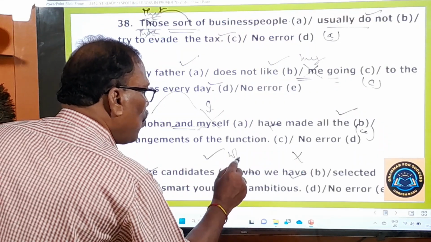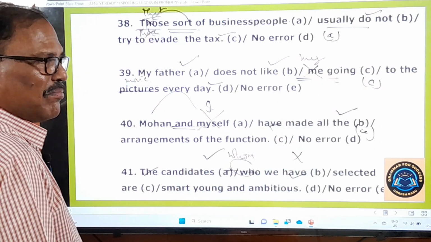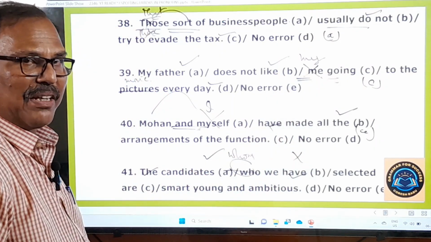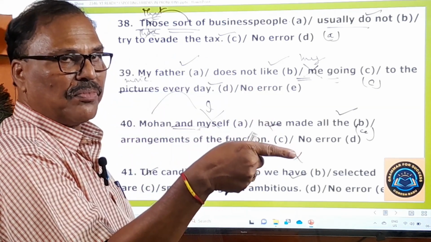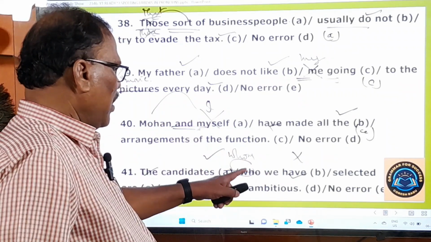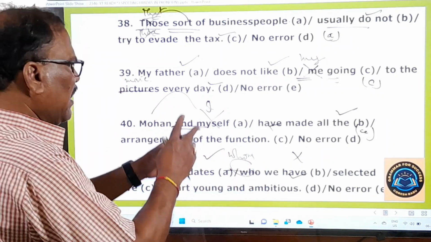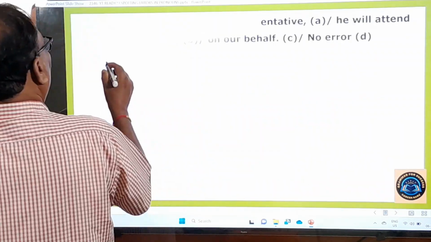No, we have to say "whom we have selected." I have been telling you right from the beginning: where "who" is to be used, they give you "whom." Where "whom" is to be used, they give "who." Here "whom" is to be used, but "who" is given. But in the examination, they give wrong things only to test your knowledge of English.